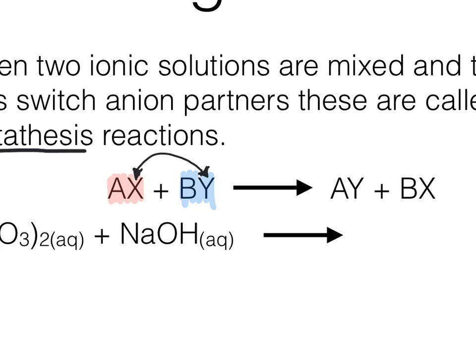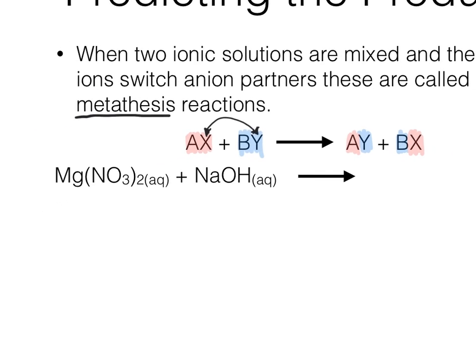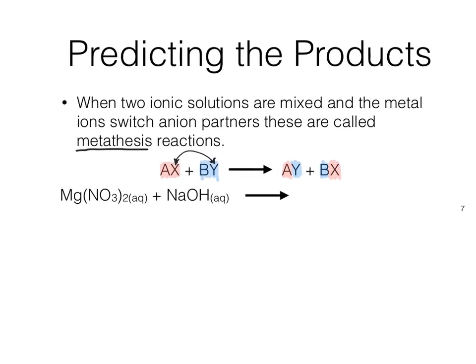And so on the other side, we will have new partners for both A and B. So everybody was able to switch components. A metathesis reaction is where we take two ionic compounds and switch partners.